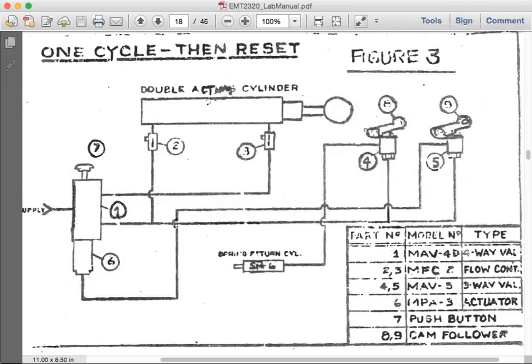Okay, very good. So let us go to 1 cycle and reset using the lab manual.